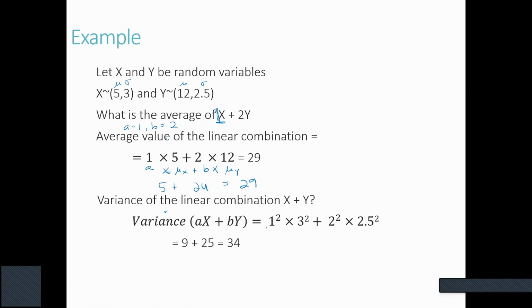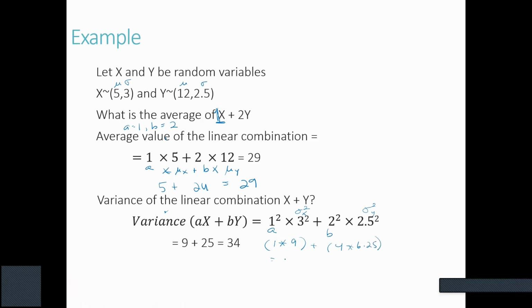Now, remember for variance, we have to use variances. So we've got our a squared and we've got our b squared. But now we've got to take sigma and square it, and sigma and square it. This is sigma y, this is sigma x. Okay, so we've got 1 times 9 for this one, plus 4 times 2.5 squared, which is 6.25.